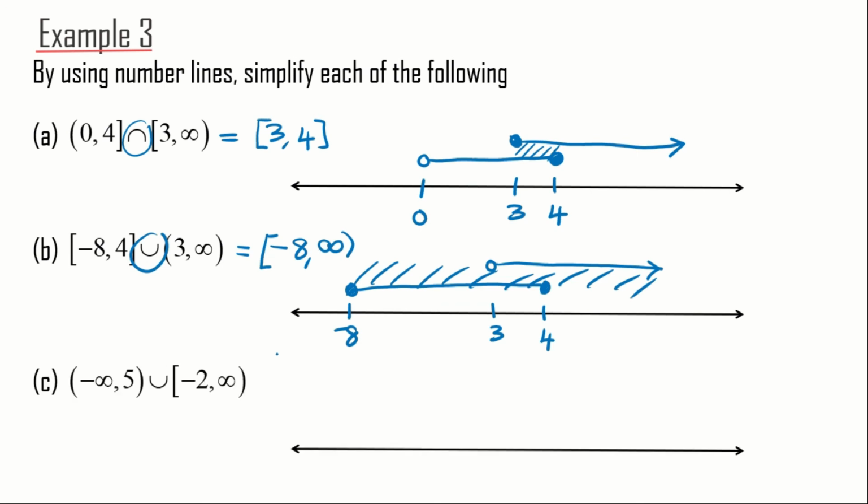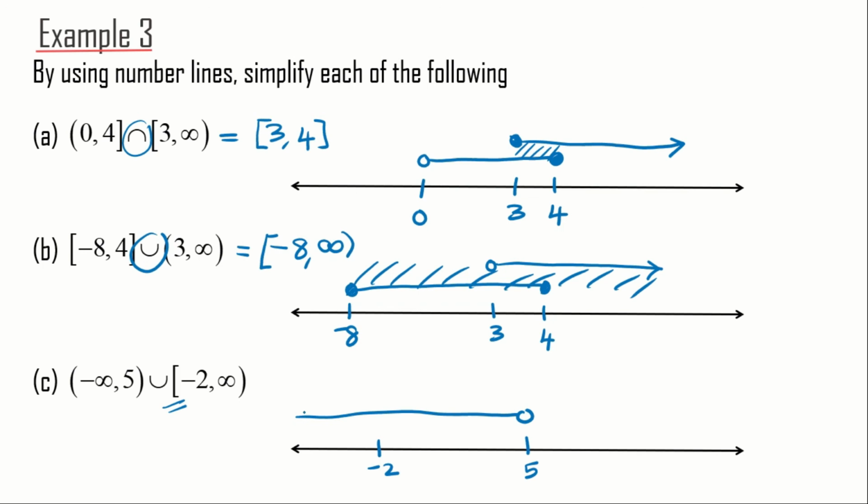The next one here we have from negative infinity until 5, union with negative 2 until infinity. So negative 2 here is in square bracket. Okay, again arrange numbers in ascending order. So we have from negative infinity until 5.